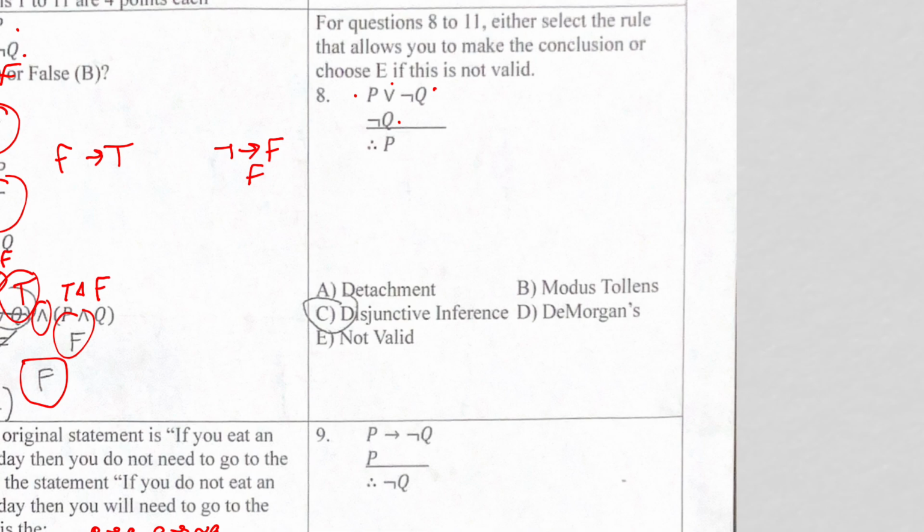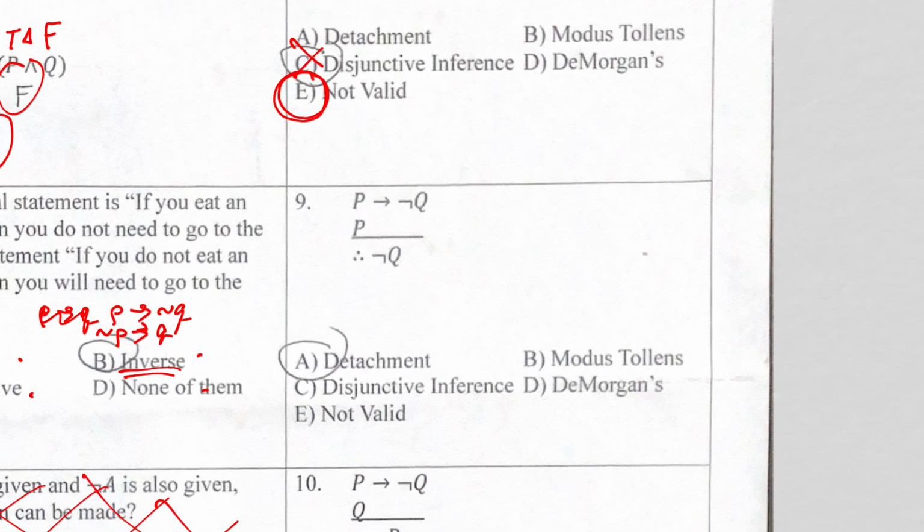Well, if this were the actual question, which I'm not sure of, I'm using this rough draft as the scan, because that's the only one I have accessible right now. If the question was like this, it would be not valid, because or means at least one of them has to be true, and not Q, that's one of them being true, so P could be either true or false.